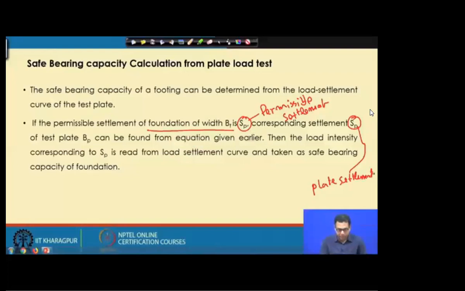Then from the load settlement curve, with respect to that settlement of the plate, we get the intensity of load, and that intensity of load gives us the safe bearing capacity of the foundation. So the load settlement curve can be used to determine the safe bearing capacity of the soil, as well as the settlement of the foundation. Ultimately, we can use this test data for our design purposes.